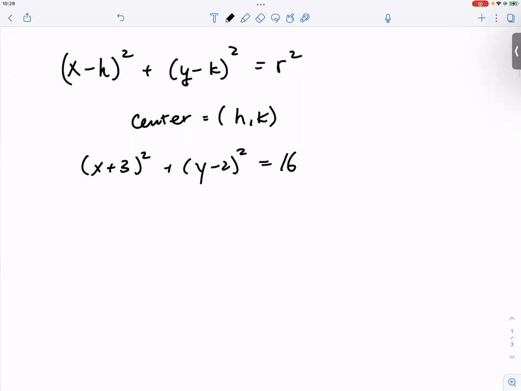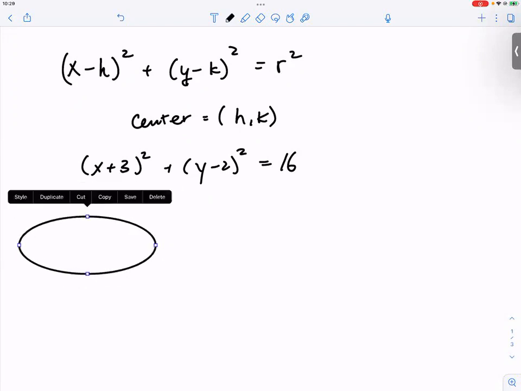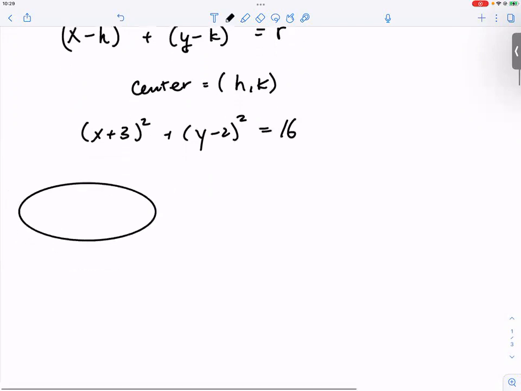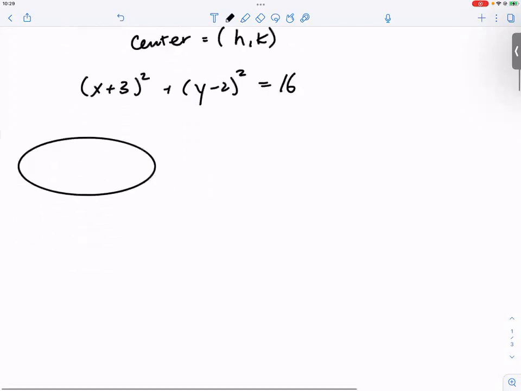And then we have ellipses. We have a horizontal ellipse. And we also have, oops, let me orient the ellipse well. And we have a vertical ellipse. Okay, so for the horizontal ellipse, the equation is very similar to the circle equation, because you still have the (x minus h) squared plus (y minus k) squared.